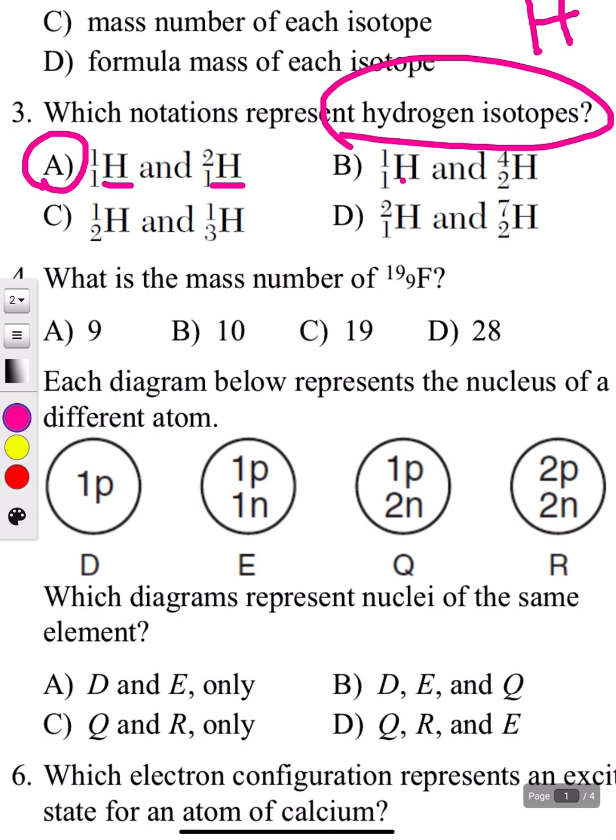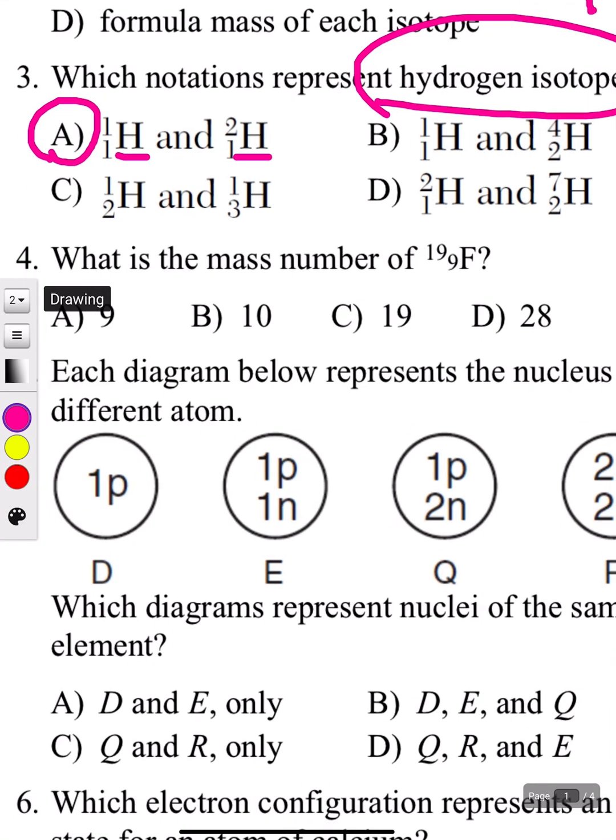Looking at the other ones, I see that 1 has a different number, so they're not equal. Once you start changing the number of protons, that means you're changing the element. So B, C, and D do not make sense because the number of protons are different. So A is our answer.